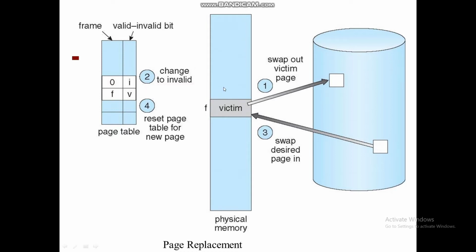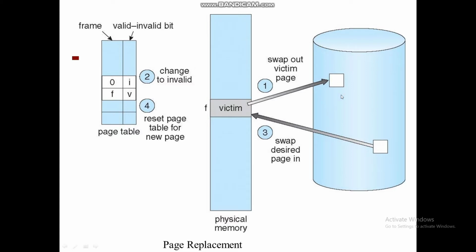But when the physical memory has free frames, then it is okay. What happens when the physical memory has no free frames? In that case, it has to take one page from there and then reload the faulted page. And this replaced page is called a victim page, and that victim is taken back to the backing store.